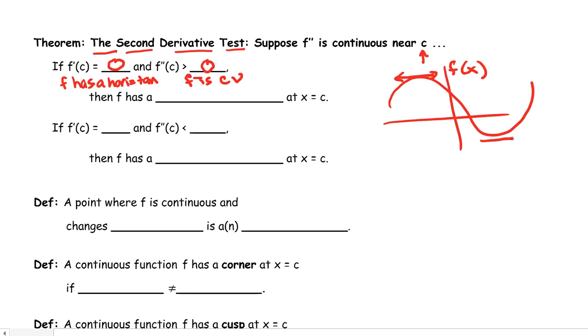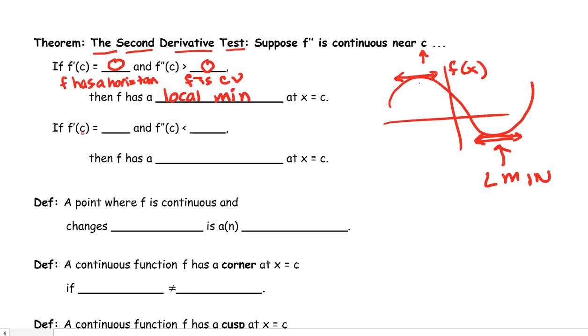That can happen only with this horizontal tangent. So if f has a horizontal tangent and f is concave upward, do you see that the only way that can happen is if we're at a local minimum on the graph? So then f has a local min. Now it could also be a global minimum, but we know for sure it's a local at least.